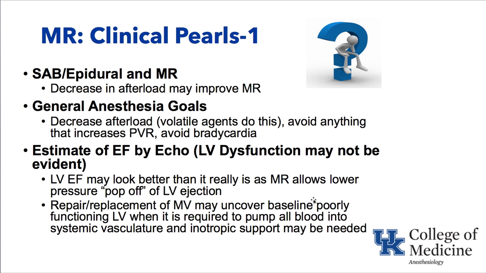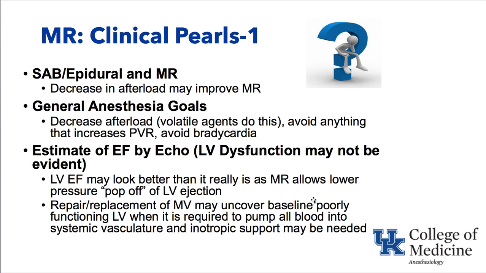One of the important points about echo and ejection fraction in mitral regurgitation is that when someone has an ejection fraction reported, let's say of 60%, but has severe MR, you say, hey, that's a good ejection fraction, 60%, normal, right? Well, they're ejecting some forward and some backward, and so that ventricle has a little bit easier job in some ways, because it's not having to make all the blood go forward.